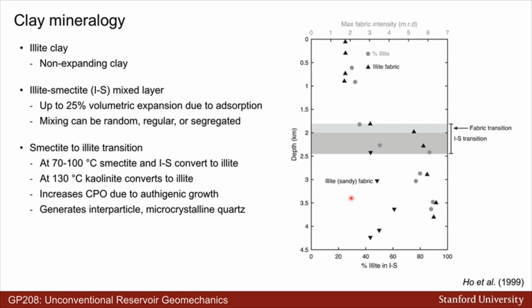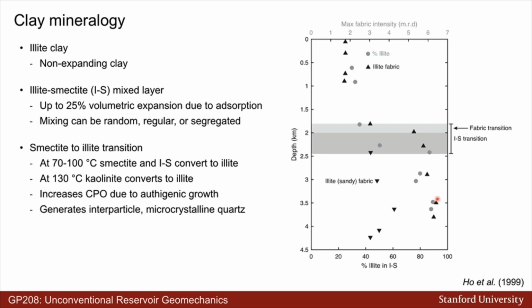When we get to about 2 kilometers, which corresponds to the range of about 70 to 100 degrees C, we actually get a very strong transition in the mineralogy where a lot of the smectite in the illite-smectite interlayers gets converted to illite. So we can see right here at 2 kilometers, there's a strong transition in mineralogy, and then we almost have a rock that's pure illite in terms of what's in the illite-smectite interlayers at significant depth.